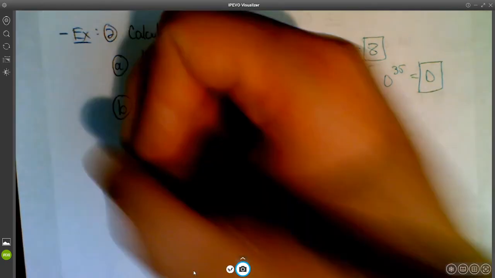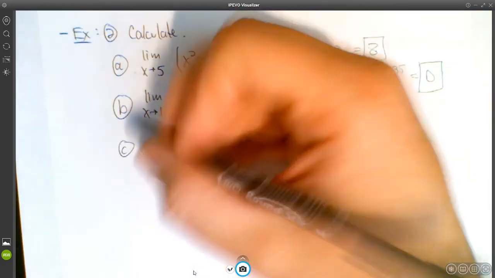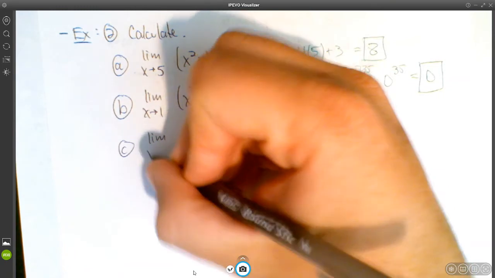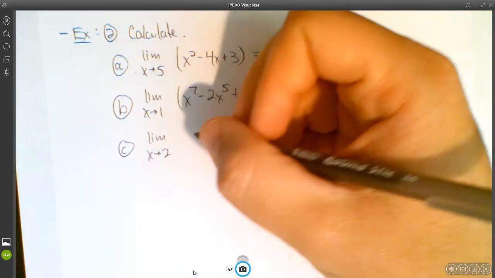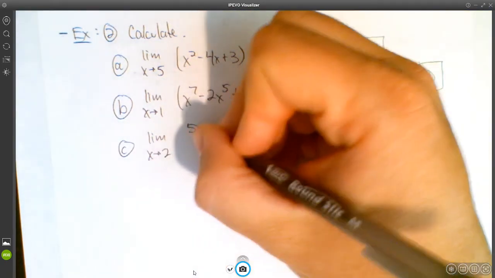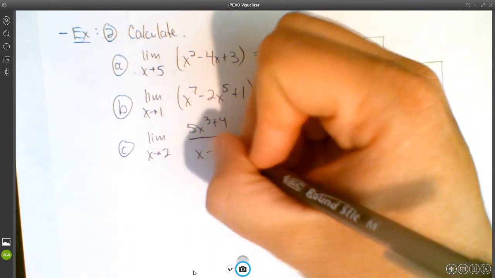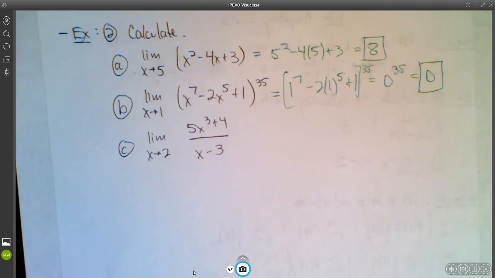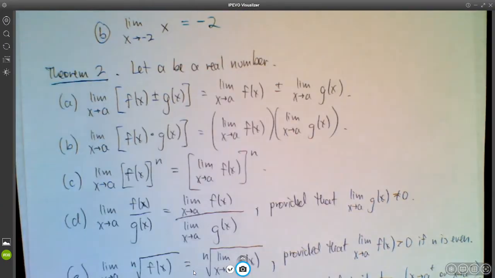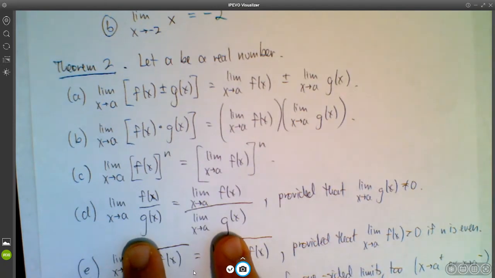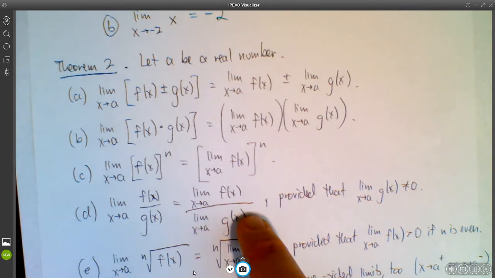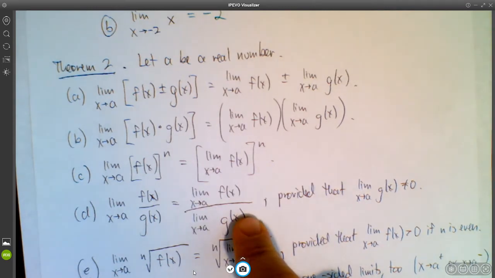Okay, one more. Let's do limit as x approaches 2 of 5x cubed plus 4 divided by x minus 3. Now this one is not a polynomial, right? But you have Theorem 2 part D here, which says that you can just calculate the limit of the numerator and denominator independently of each other.